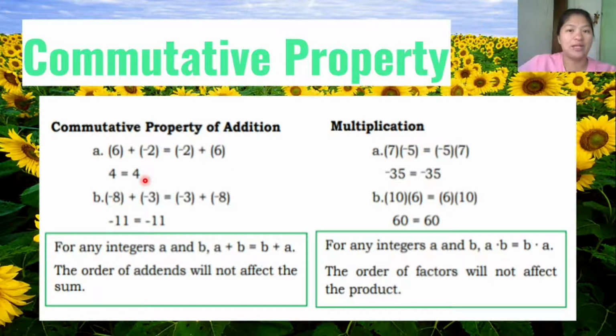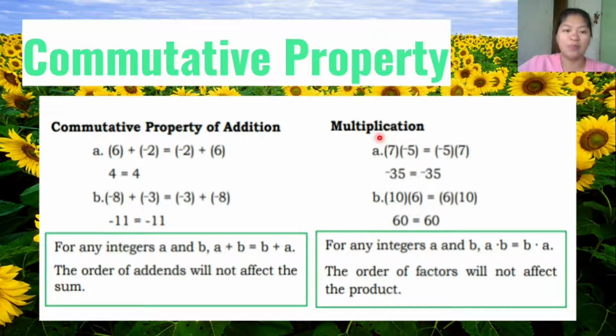Hindi po maaapektuhan ang sagot kahit pagbaligtarin natin sila ng posisyon. Another example, negative 8 plus negative 3, kapag binaligtad po yan, equals negative 3 plus negative 8. So, ang answer po ay negative 11 pa rin. So, again, commutative property of addition. Nagpapalit po ng pwesto, pero hindi nagpapalit ang sagot.